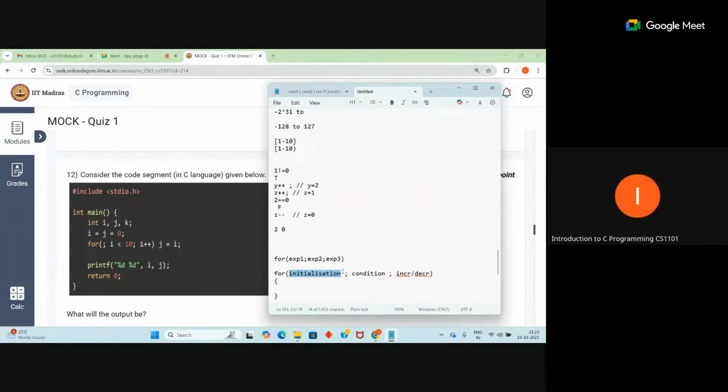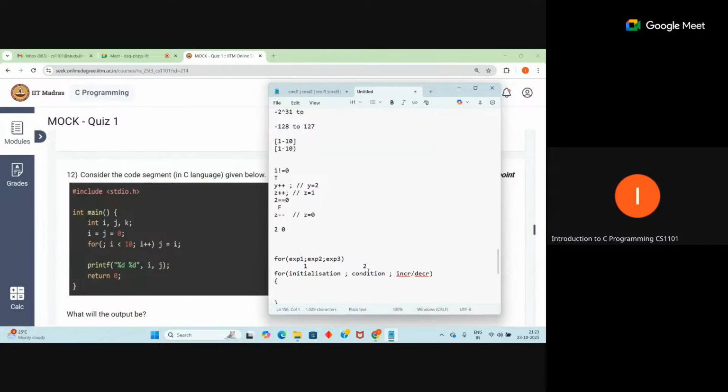When it enters the for loop, first it executes whatever you have here. This is the first step. After that, it will check the condition. This is the second step.